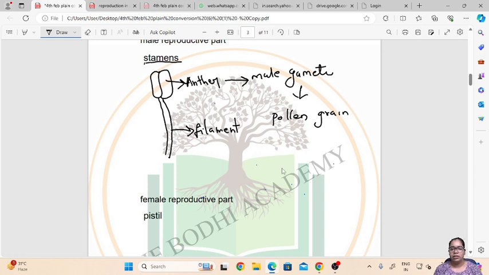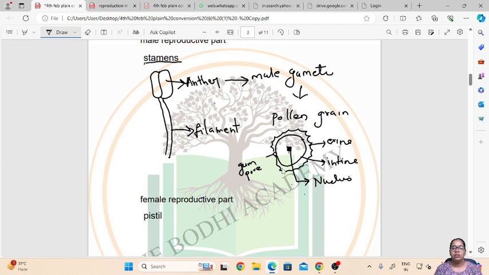A pollen grain is spherical in shape, which has a germ pore, the outer protective layer, exine, the inner layer, intine, and the nucleus.